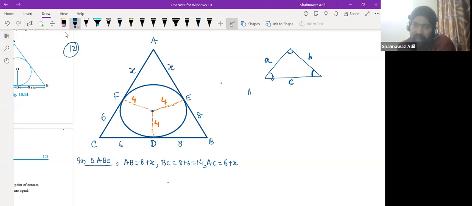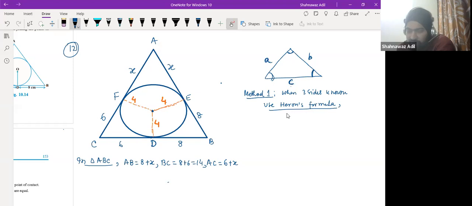So method, let me write it. We have Heron's formula. Yeah, absolutely right. And why do we use Heron's formula? We know the three sides, right?